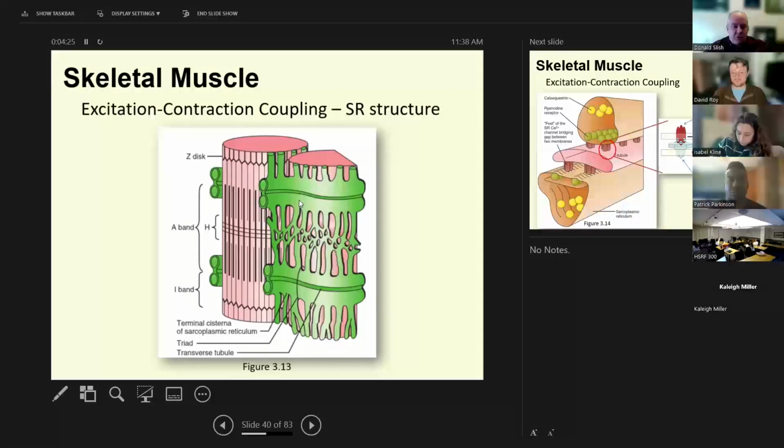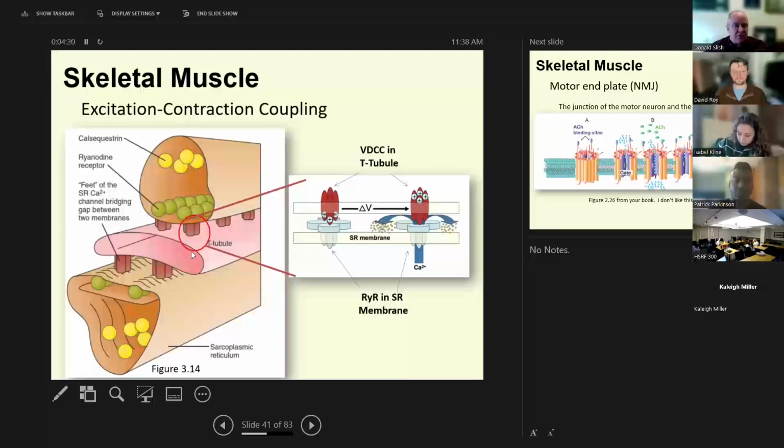So how are we controlling this now? So it's all about the attachment between this T-tubule and the terminal cisternae of the SR. So you've got two proteins here that are key. In the T-tubule, you've got a voltage-dependent calcium channel, and in the SR, you've got the ryanodine receptor.